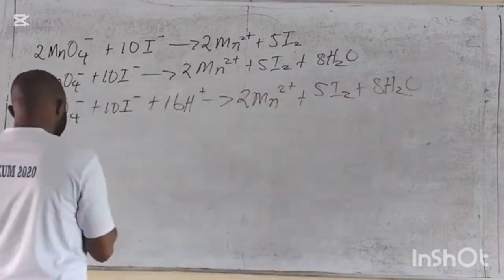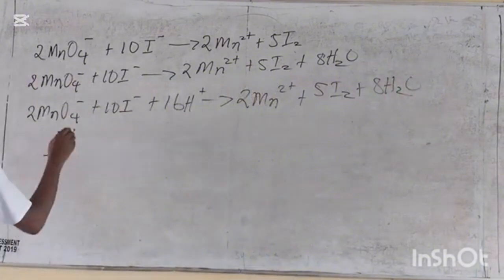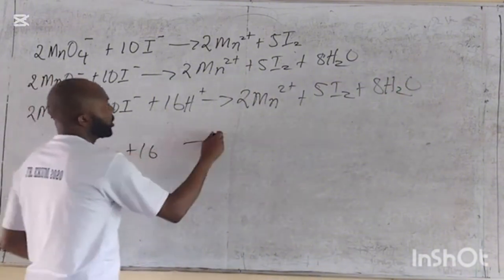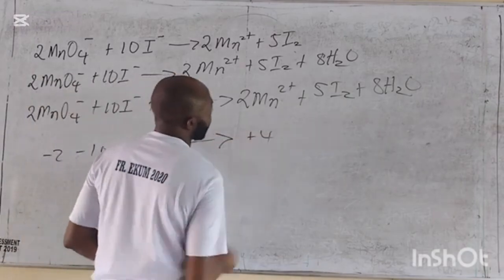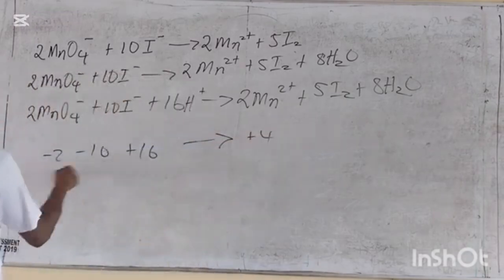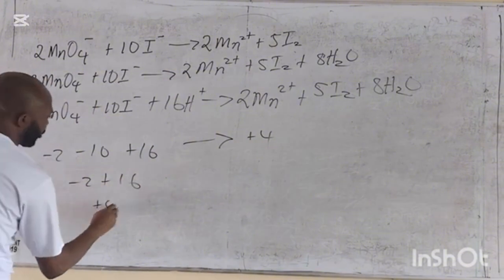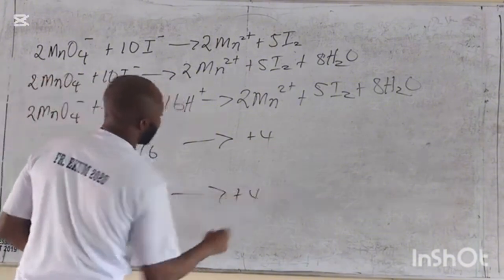Let's balance it. Minus 2 minus 10 is minus 12, plus 16 gives plus 4 only. This is plus 4. So the equation is balanced.